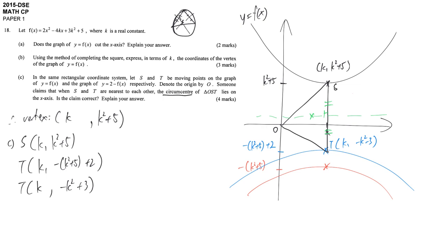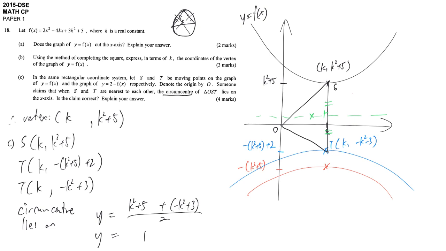And then after that, we say that the circumcenter lies on the line y equal to the average of k squared plus 5 and also negative k squared plus 3, the midpoint between these 2 points, so this height plus this height divided by 2.